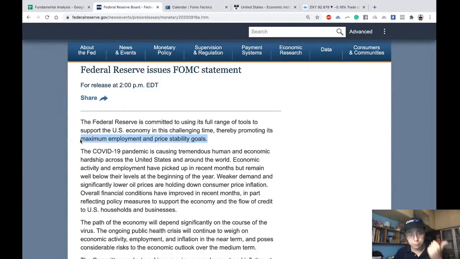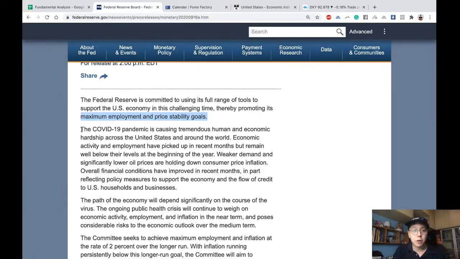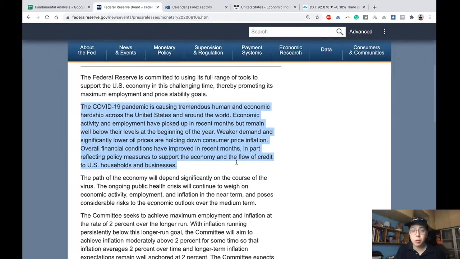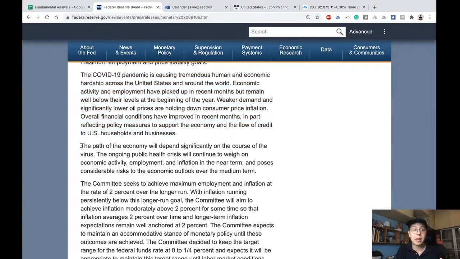Number one, employment. Number two, price stability. Every bank has these two objectives. Then they briefly describe what's happening right now. Of course, with COVID-19 and the lockdown, the economy is going to be weak, and that's what they are reporting here. You can see the path of the economy will depend significantly on the course of the virus, of course.